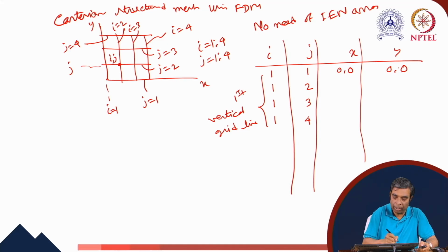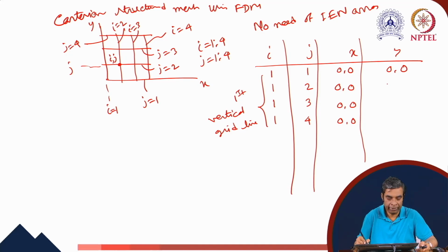I equals to 1, j equals to 2 for which x coordinate is 0. Actually, for this I equals to 1 case, all x coordinates are 0 and y coordinates will be incrementing in terms of delta y. So delta y is 1. So I1 j2, this will be 1.0 y coordinate. I1 j3, it will be 2.0, and I1 j4, this will be 3.0.